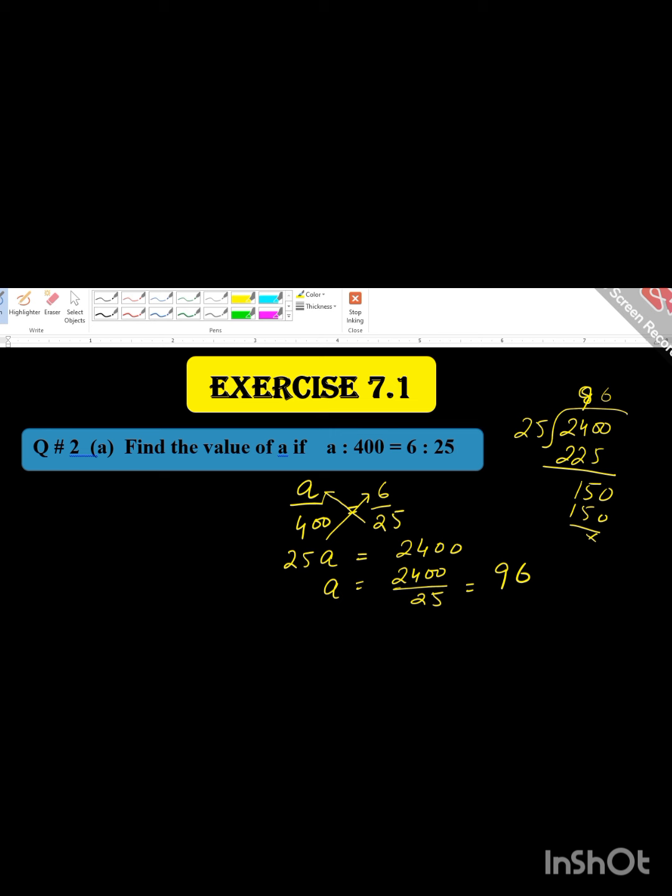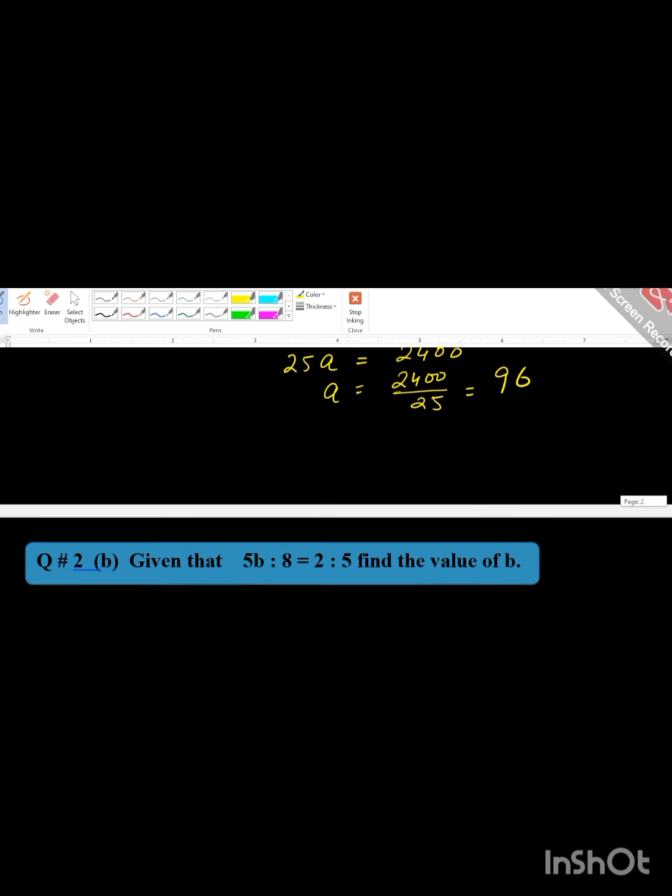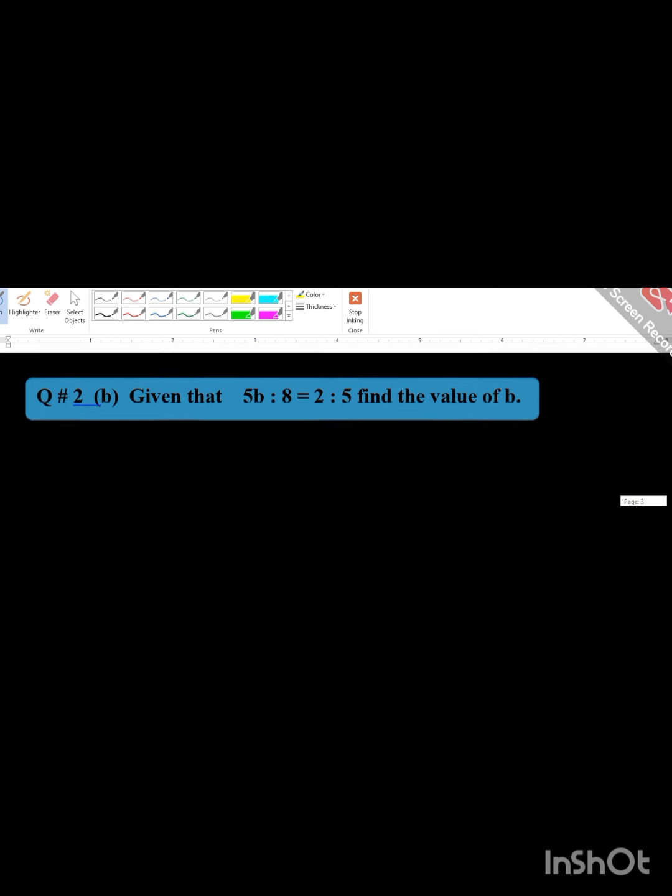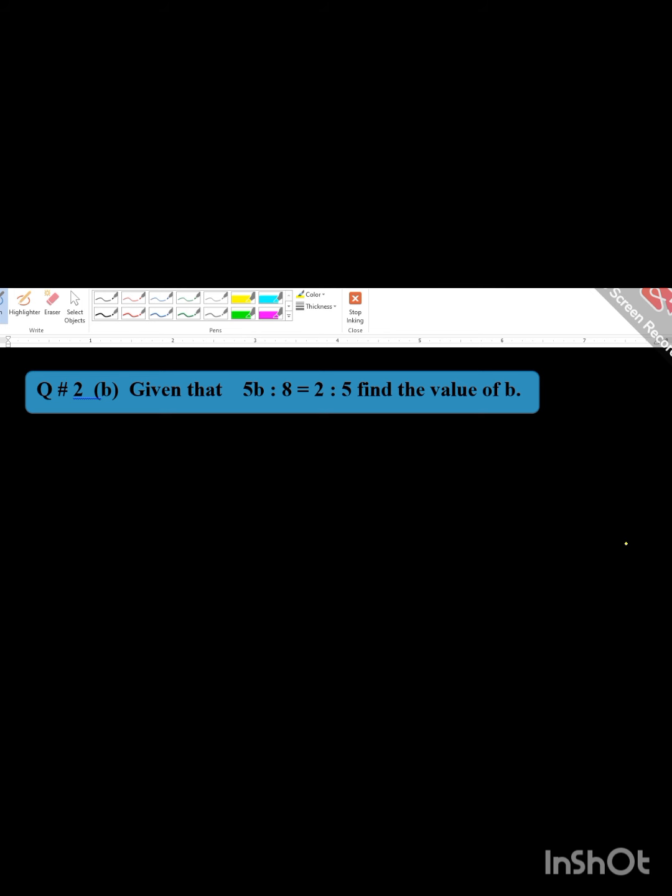Clear, students? Now come to the second part of this question. Again it is a similar question to what we are doing today. We will do it in the fraction form: 5b over 8 is equal to 2 over 5. Again we could do it by cross multiplication, but I am doing this question with the LCM method. So what is your LCM? LCM of 8 and 5, that is 8 multiplied by 5, which is 40.